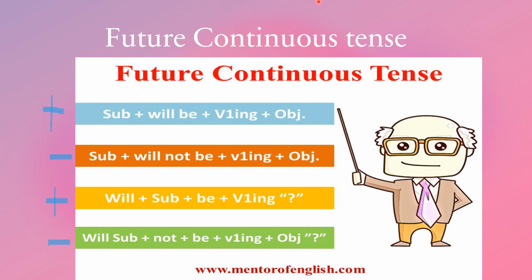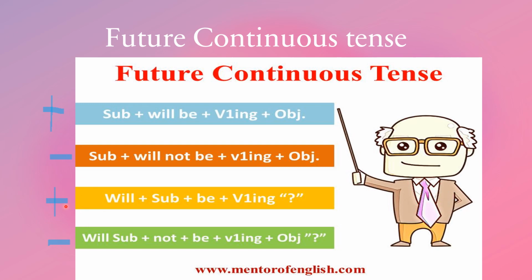So now we'll be doing future continuous sentences and how you should structure them, right? So for a positive sentence, it will be your subject plus will be, your verb in first form, ing, plus your object, right? Then negative: subject, he or she will not be your verb, visit plus ing, so visiting, and then object, right?